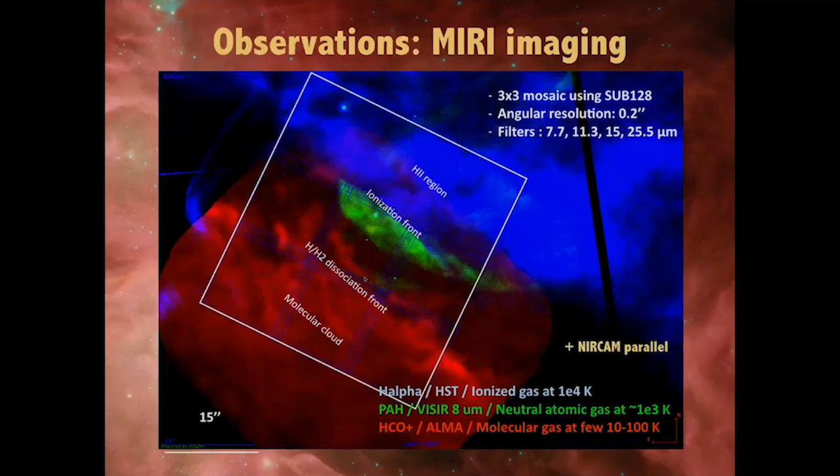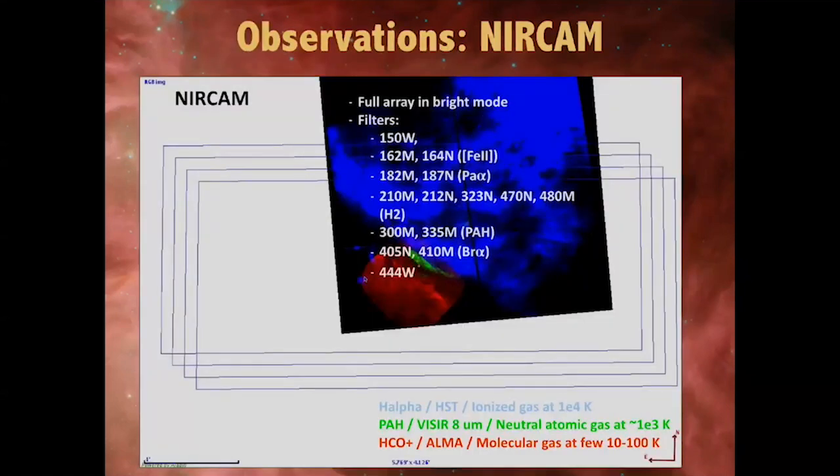And we will do that in the PAH filters, 7.7 and 11.3, as well as in the dust continuum filters at 15 and 25.5. And at the same time, we will do NIRCam parallel observations. And I believe that will be in the Brackett alpha line, the molecular hydrogen line, a PAH filter, and dust continuum filter. And then we also have NIRCam observations.